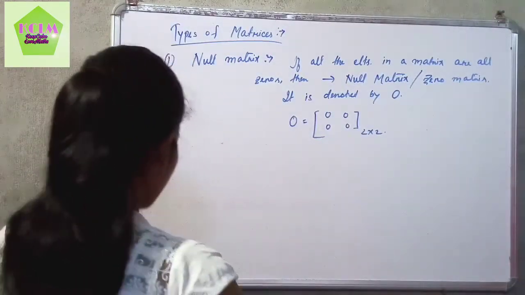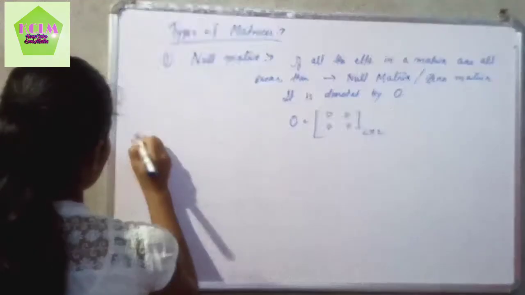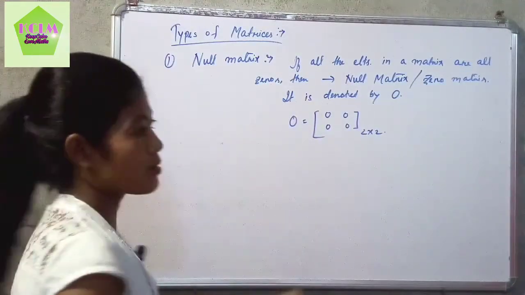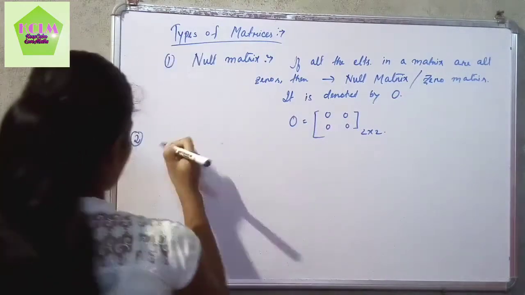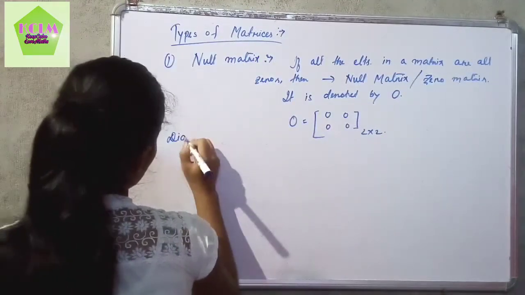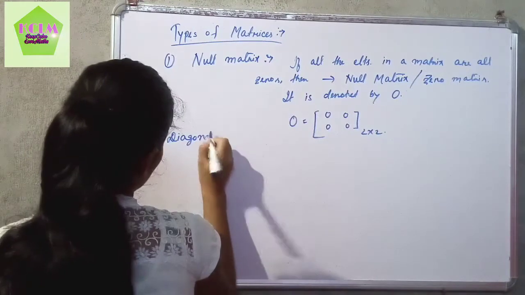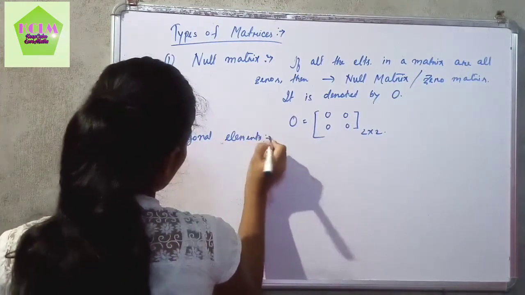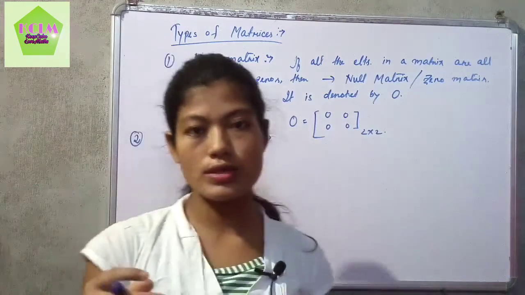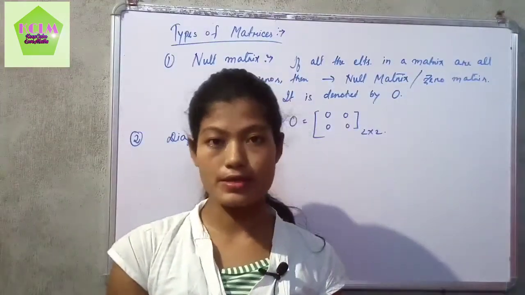Next we have a term, diagonal elements. First of all you have to know what the diagonal elements in a matrix are.